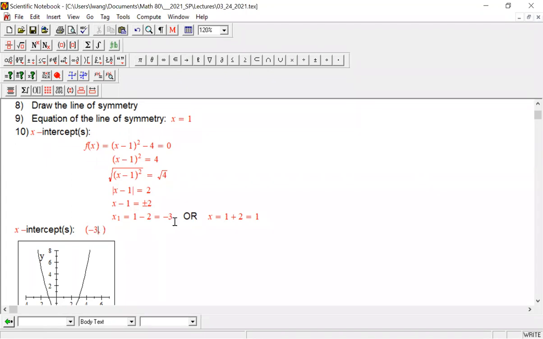So this is going to be -1, and that's going to be 3. So the two x-intercepts are -1, comma 0, and the other one is 3, comma 0. So these are the two points we call x-intercepts. I apologize for my mistake.